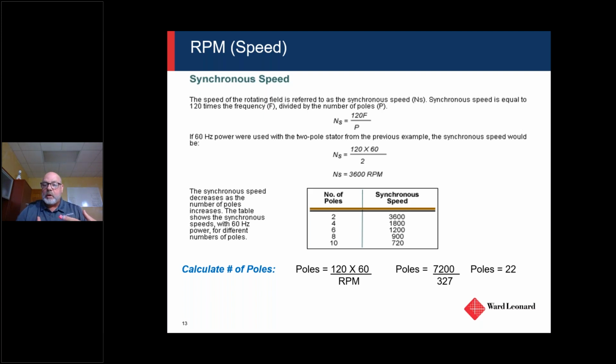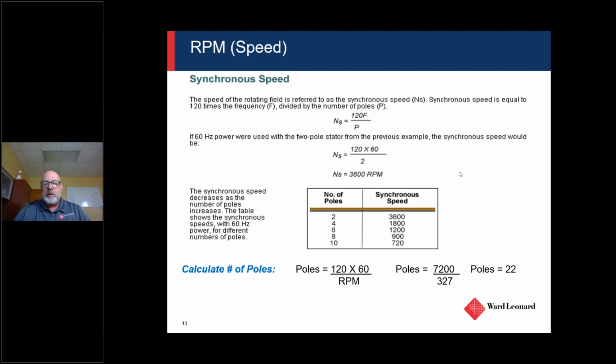In a synchronous motor, where you get something much slower turning, we can get up to 22, 28, 30 poles. It just depends, and the calculation is pretty easy.